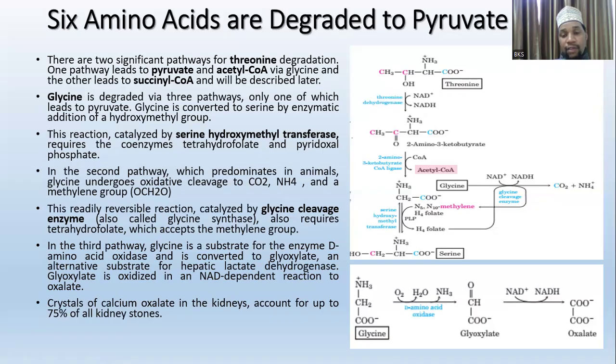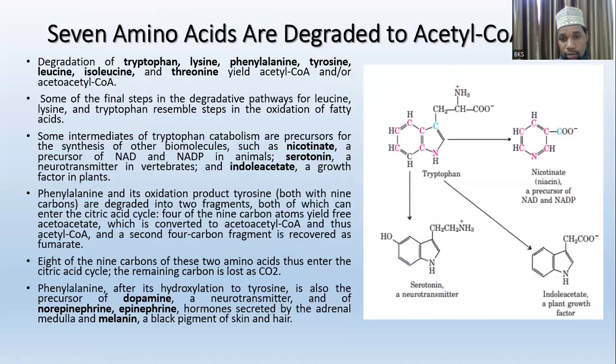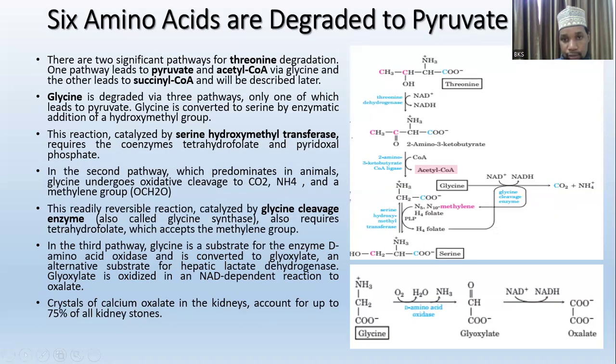So this is more or less an oxidation of glycine to form a reducing equivalent. And when you look at the structure now, glycine synthase, which catalyzes a reversible reaction, or glycine cleavage enzyme, removes this amino group, which we can see here, and this carboxyl group, which we can see here.